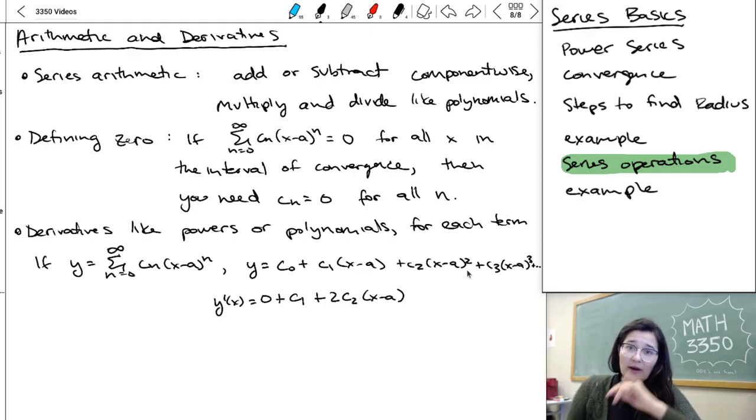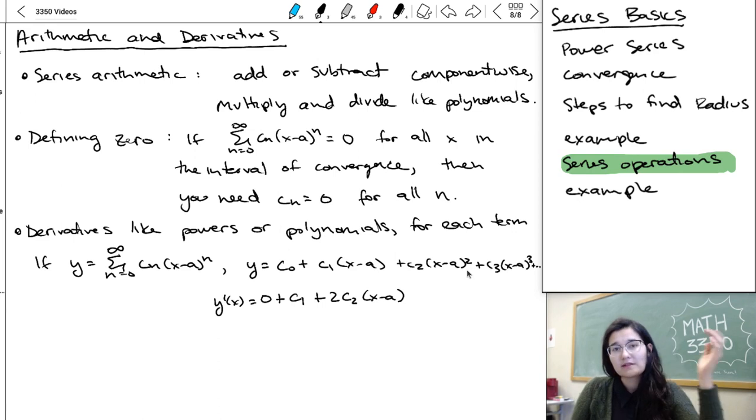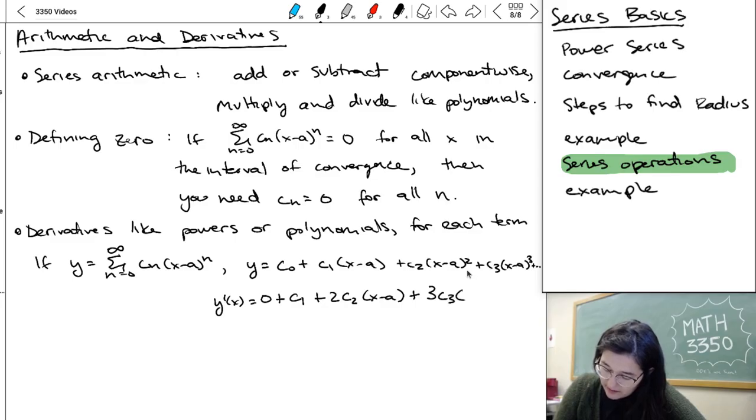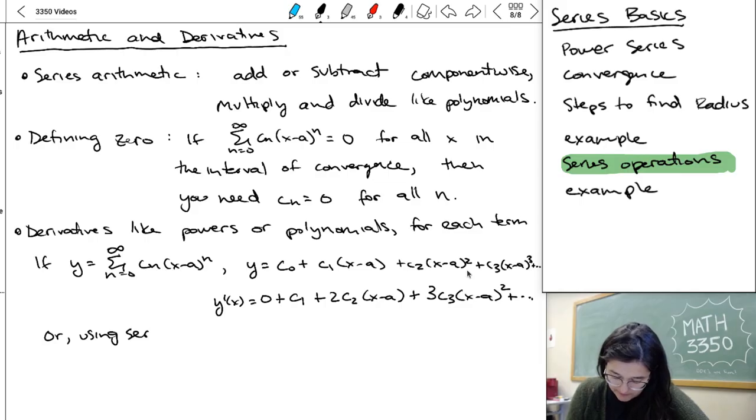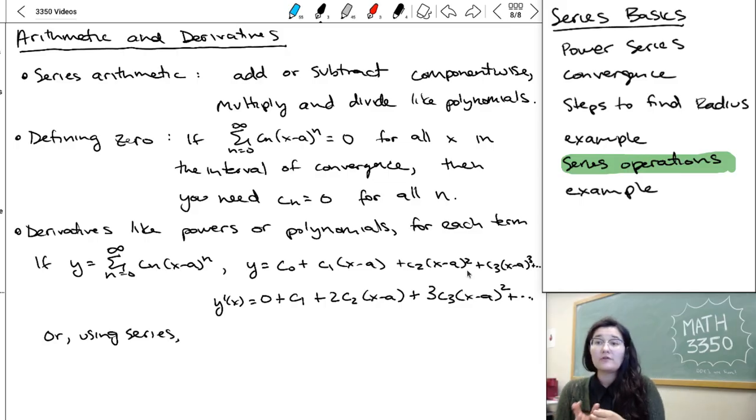You just treat it like a regular x squared term, or if that's not comfortable for you, this is a u-sub type derivative. And then for the next one, 3 comes out, and (x minus a) cubed goes down 1 power to 2. So hopefully you accept that derivative and can see how you would get there.